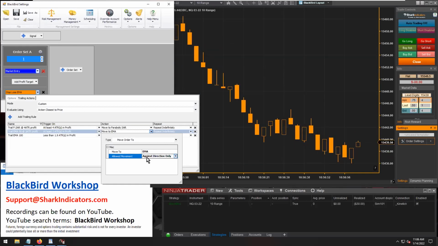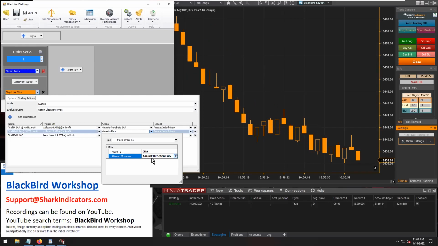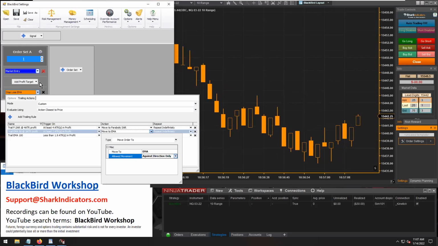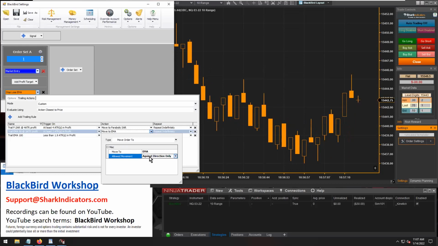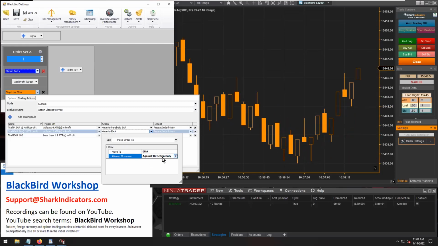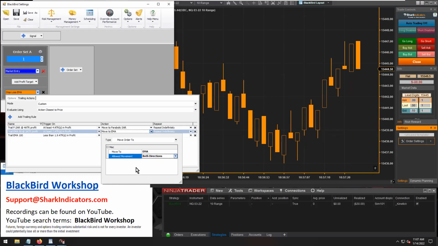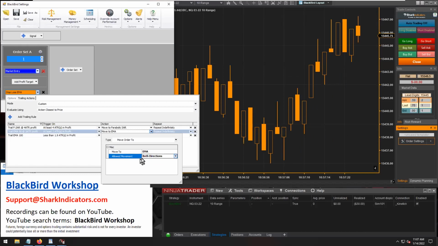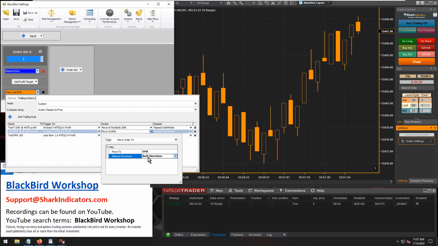But the against direction would probably more commonly be used for profit targets. So if you wanted to keep pushing your profit target further out, you might use the against direction only. So normally, if you wanted to allow your stop losses to move further away or pull back in, then using both directions is probably the most commonly selected option there.